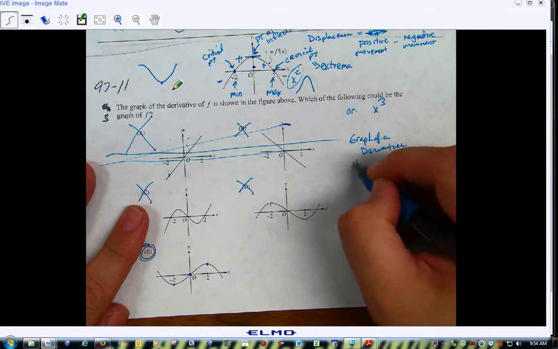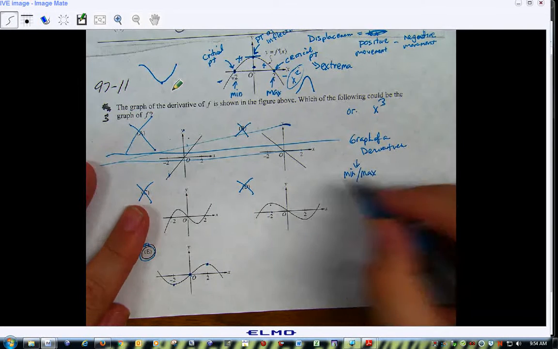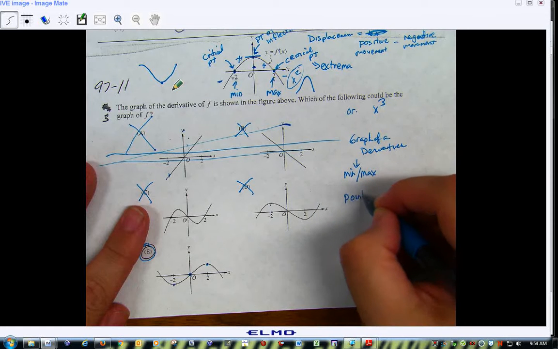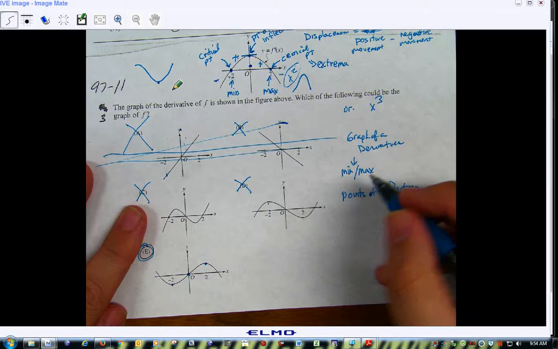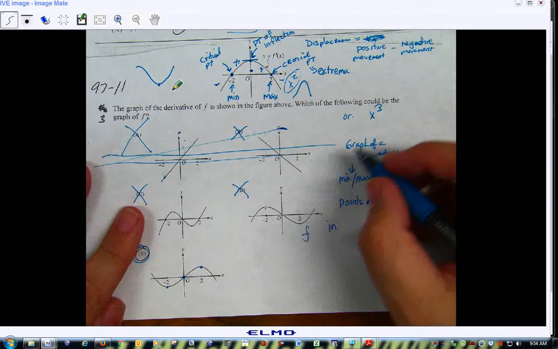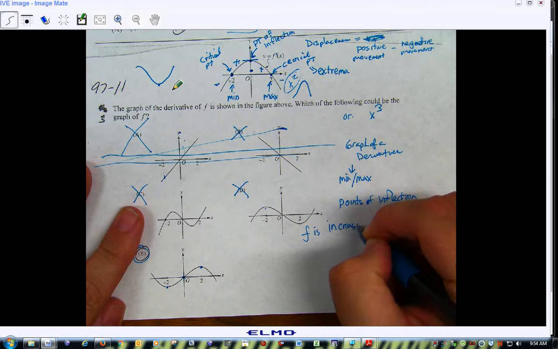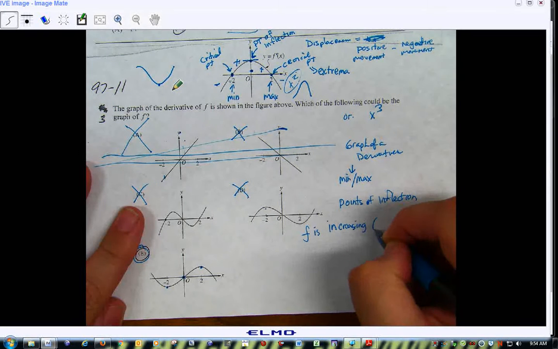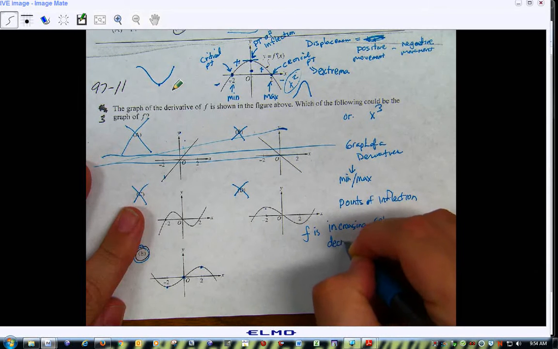And you want to look for points of inflection. And where f is increasing, that's where f prime is greater than 0, or is decreasing, where f prime is less than 0.